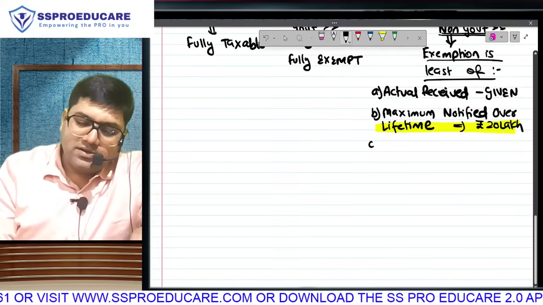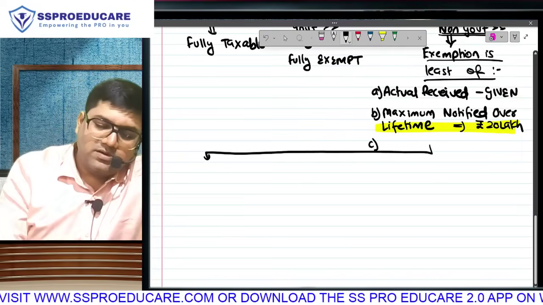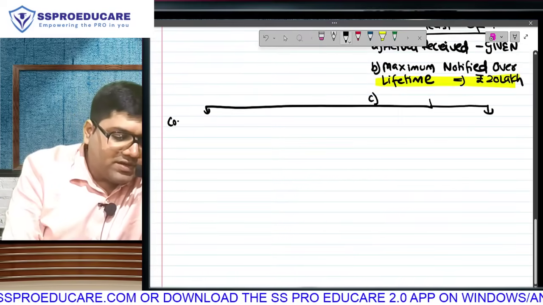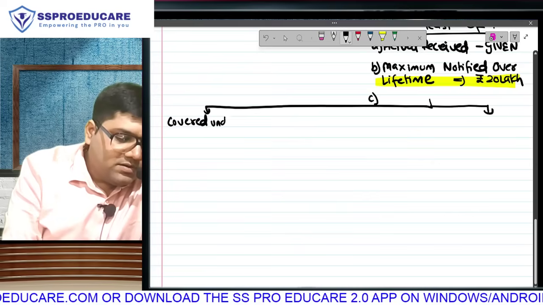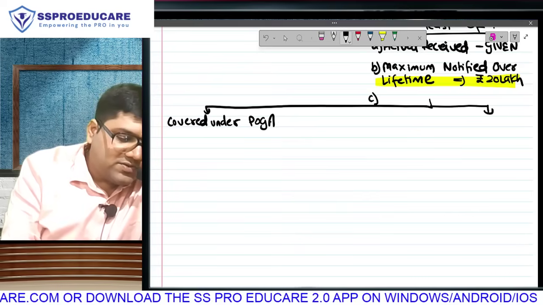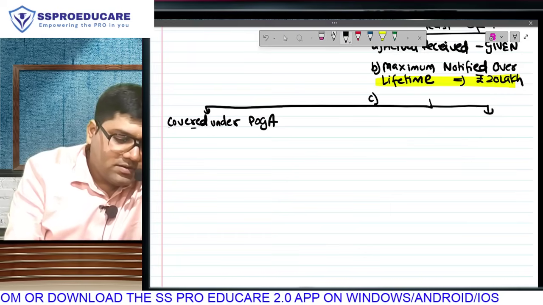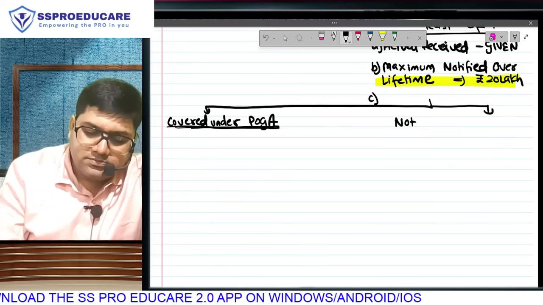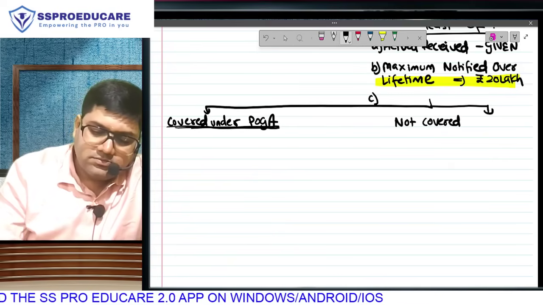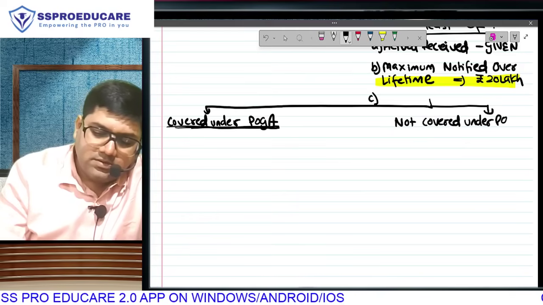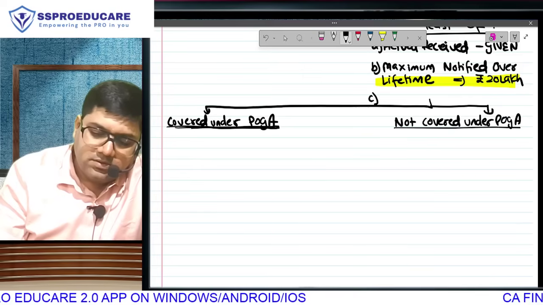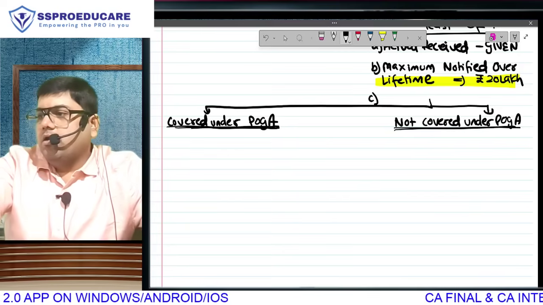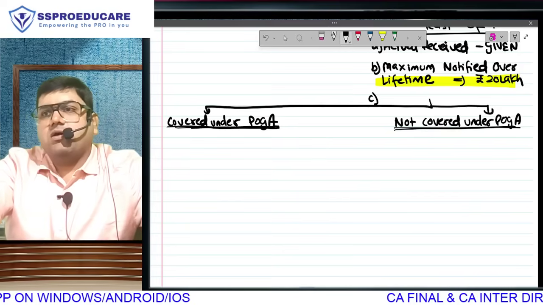And for the third point, the question will divide the taxpayer into whether this employee who has received gratuity is covered under the Payment of Gratuity Act or not covered under the Payment of Gratuity Act. Covered under POGA or not covered under POGA.